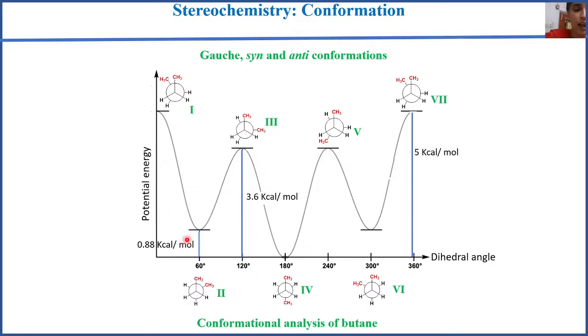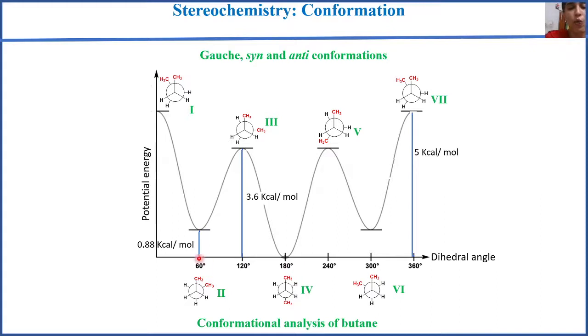Now 2 and 6 are of the same energy and they are staggered conformers. Number 4 is the anti conformer, and this is of lowest energy.